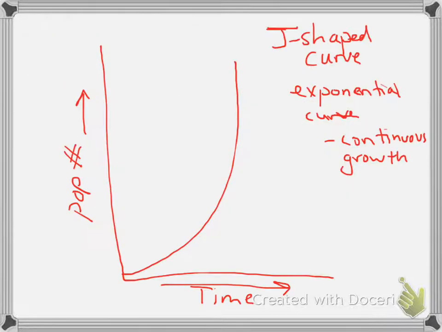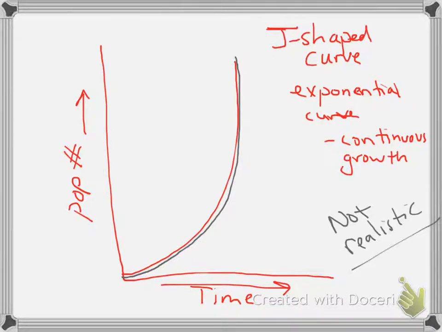When we do this, what we usually see is that the population number increases exponentially. So we start here and we go up in what we call a J-shaped curve because it kind of looks like a J. And this shows continuous growth over time. Now, the problem with this is that it's not very realistic because there are definitely limiting factors. So this is a not realistic model.